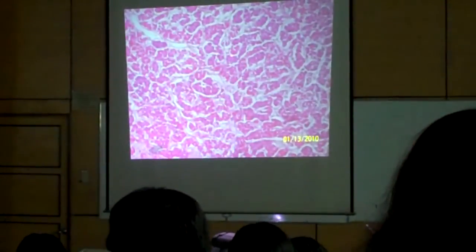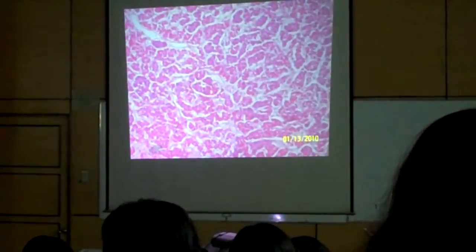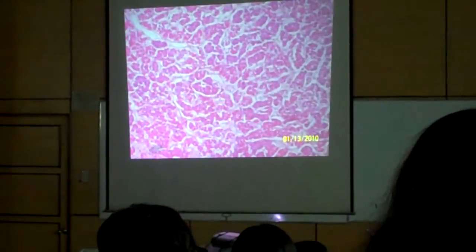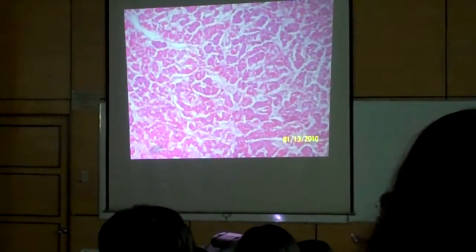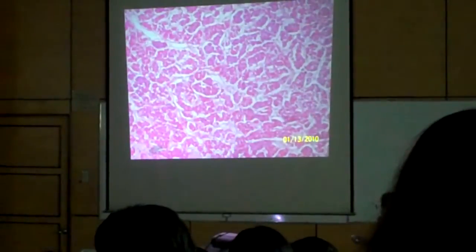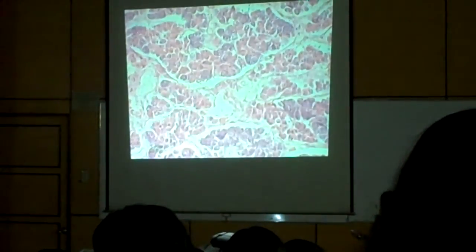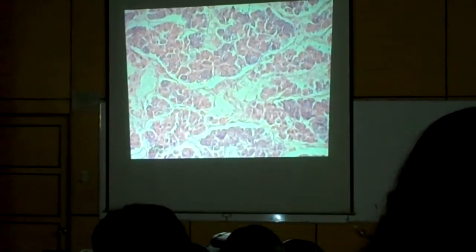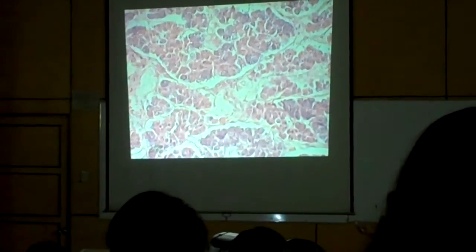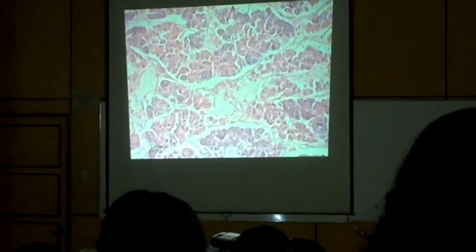Okay, so the blue are the basophils. The red or very pink cells are the acidophils. Those without color are the chromophobes. Okay, so identify the pointed cells. Basophil, how about this one?